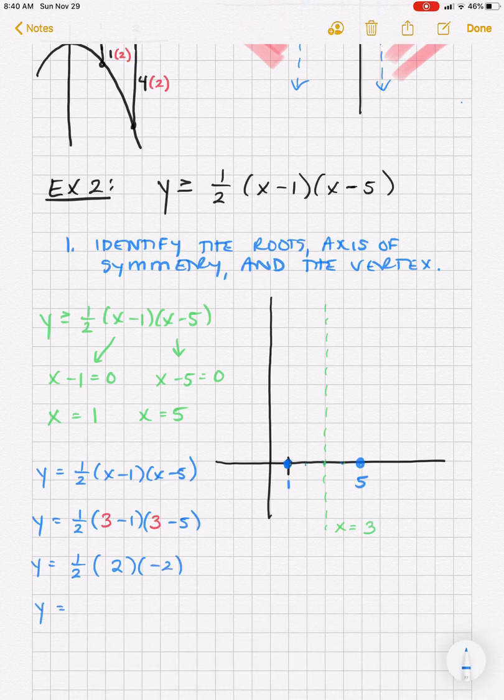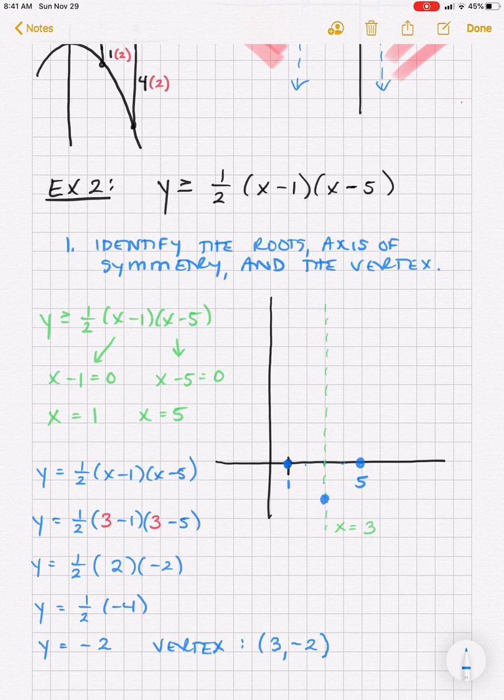Let's multiply all this together. This is like having 1/2 times negative 4. y is going to equal negative 2. So this means that the vertex is on the axis of symmetry line x equals 3, and when we plugged that back in, we got negative 2. So let's plot (3, negative 2) right here.